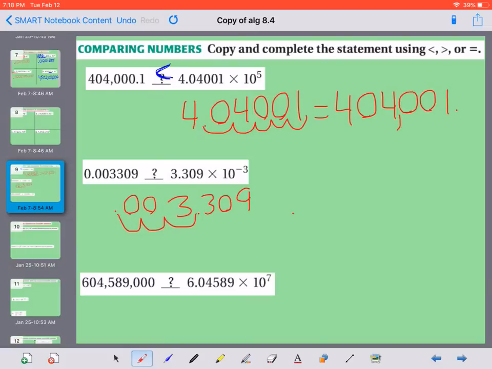So my new number is 0.003309. The first number was 0.003309. These two are exactly the same number, so they are equal.